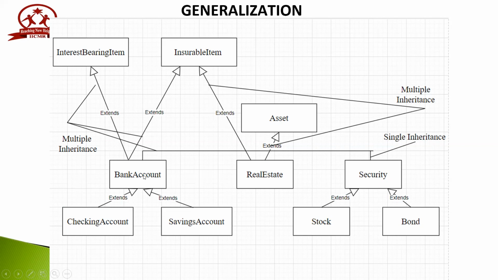And bank account has the properties of interest bearing item, insurable item, and asset. So again, this is an example of multiple inheritance. So wherever there is a generalization, it means the general class and its subclasses. This is what we have seen in this example.